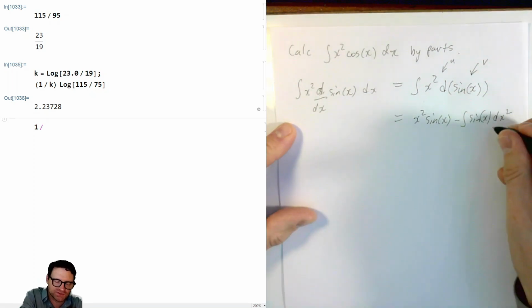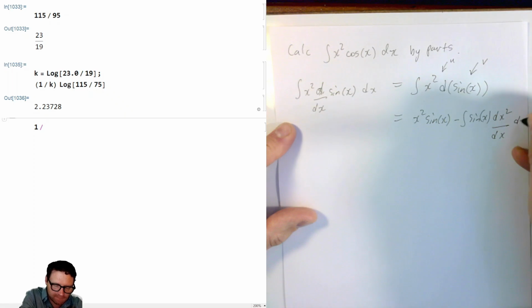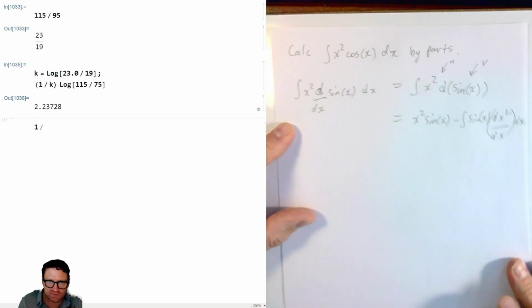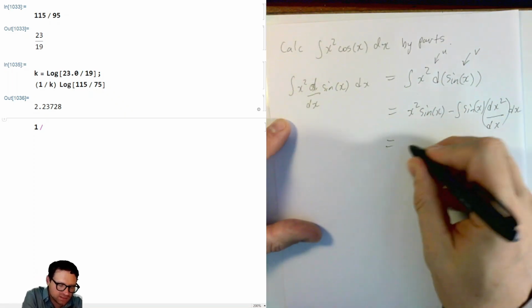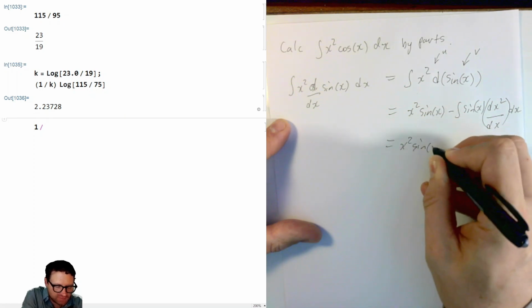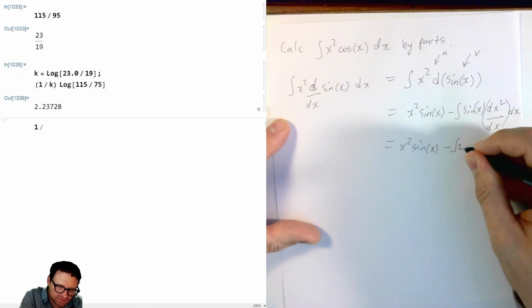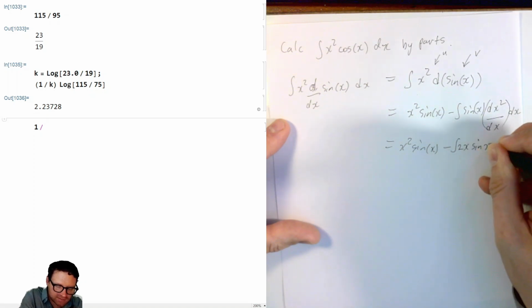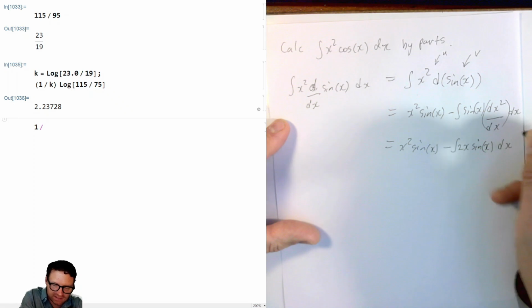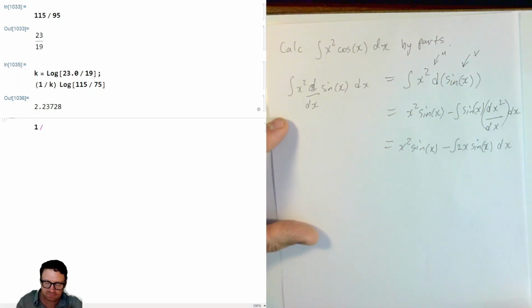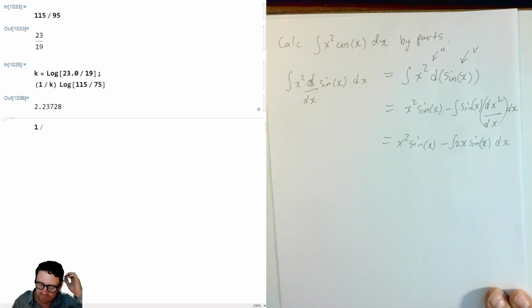And now we can introduce a substitution and think of this as a derivative. So this is x squared sine of x minus the integral of 2x sine x dx.